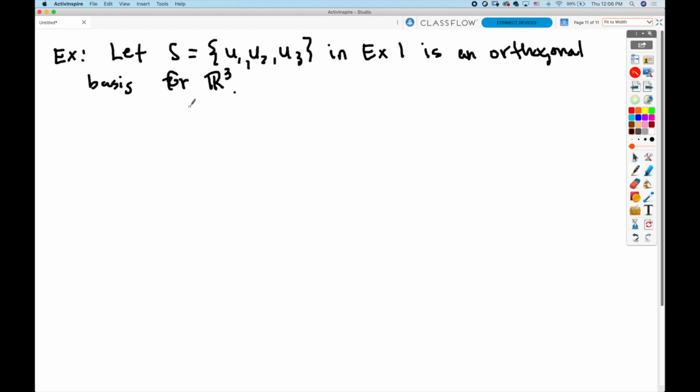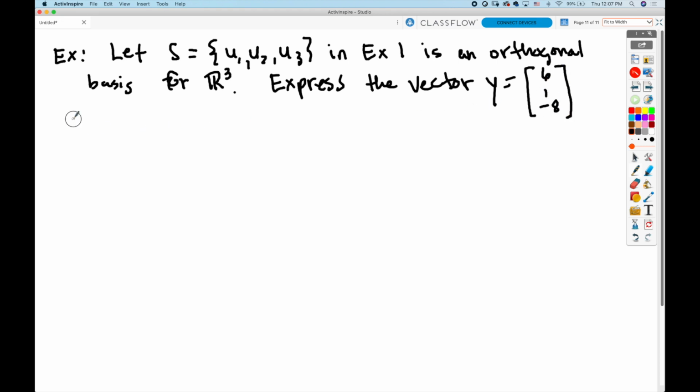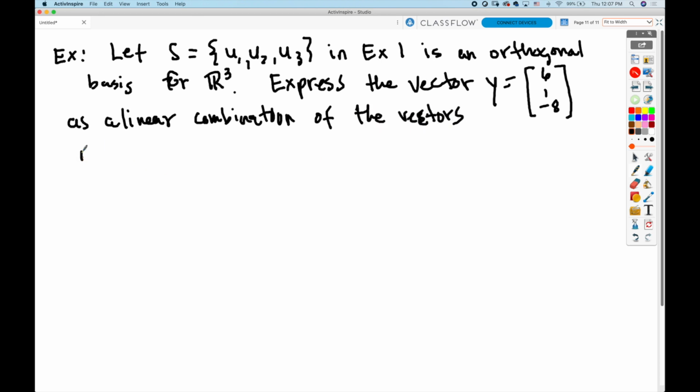Let's express the vector y, which is 6, 1, negative 8, as a linear combination of the vectors in S.